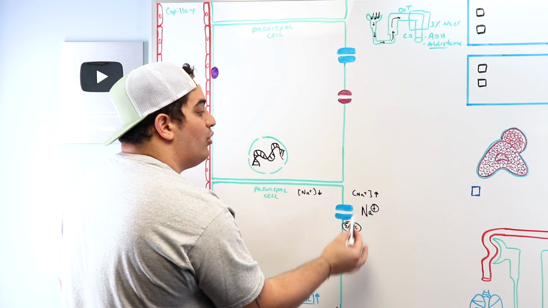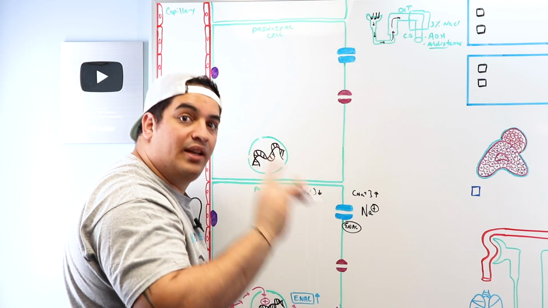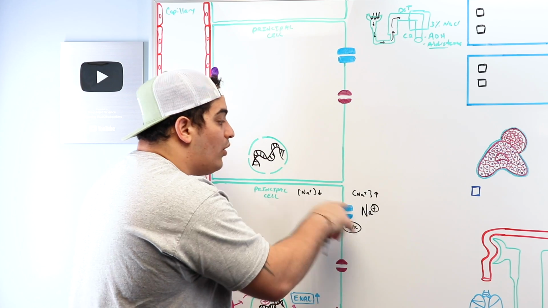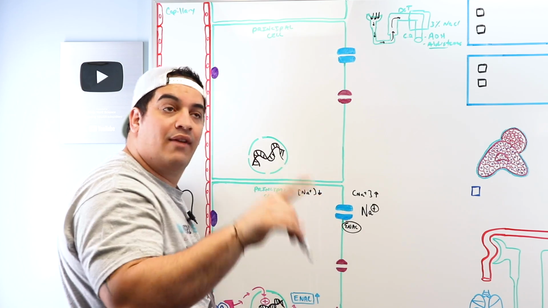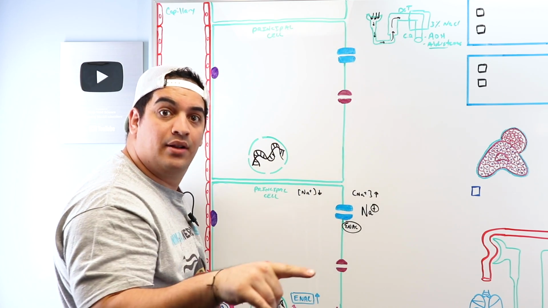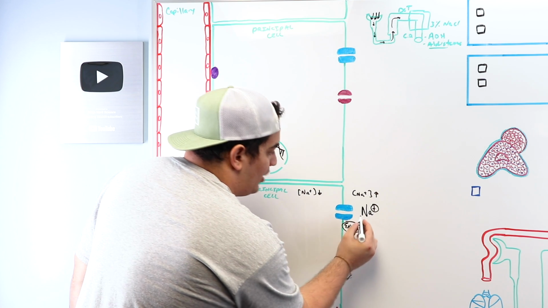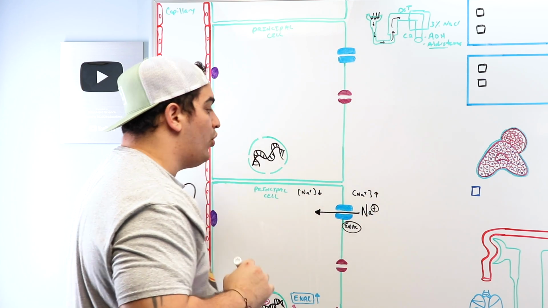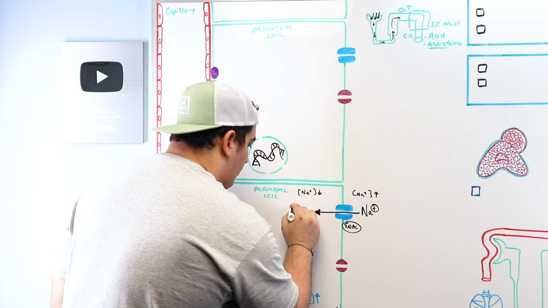But usually there's no channel there, because the late distal convoluted tubule and the collecting duct usually only have these channels open whenever aldosterone and ADH are present. Well, aldosterone is present, so now this channel opens up or gets increased expression, and sodium rushes into the cell.